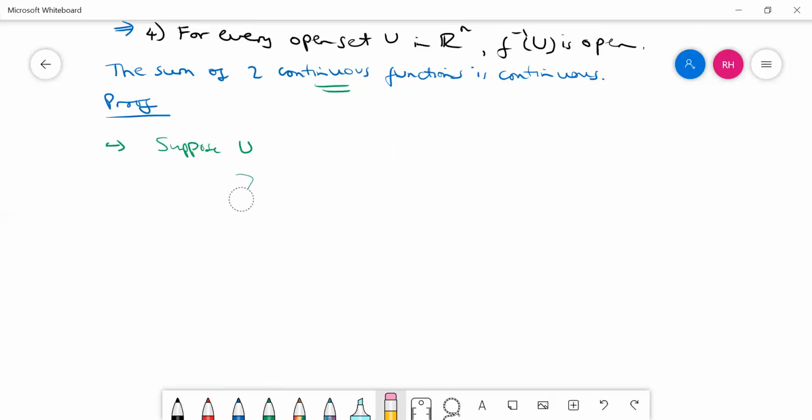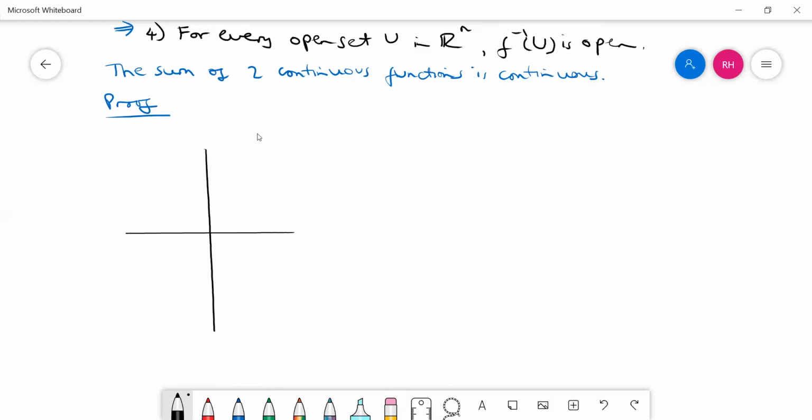Obviously, if you've had a lot of experience, you could just write the proofs without all this explanation. So let's draw a little picture. I'll start off here, that'll be Rm, and over here we'll have Rn.